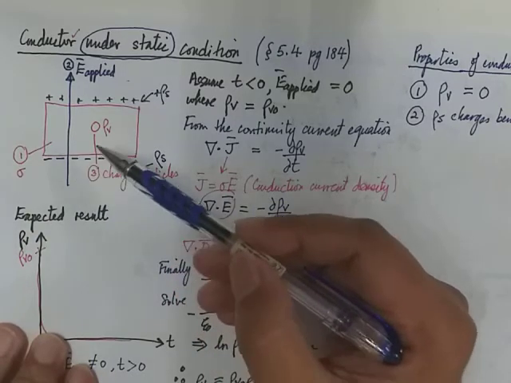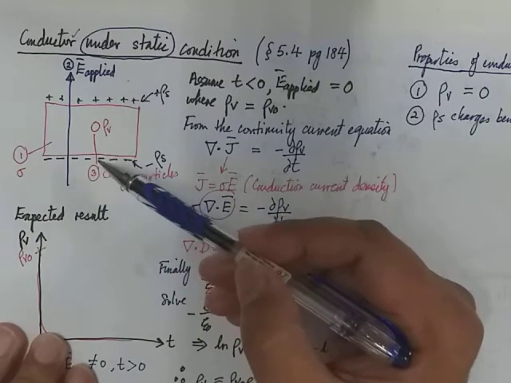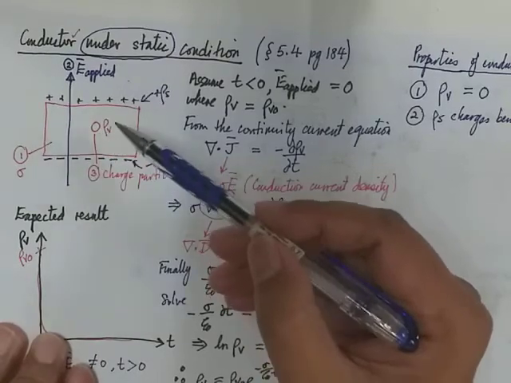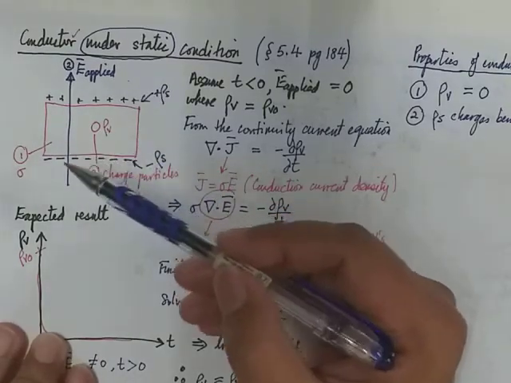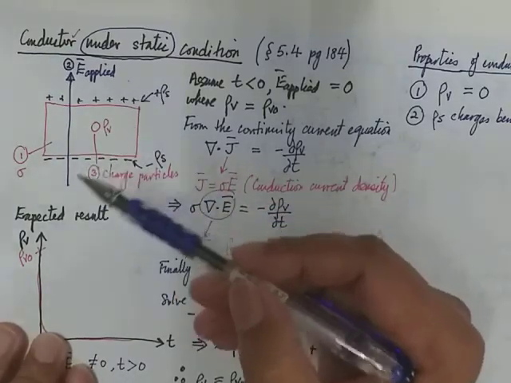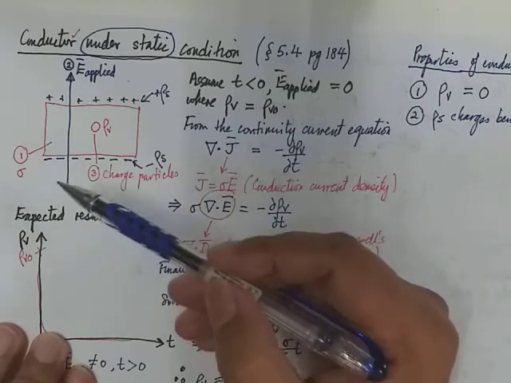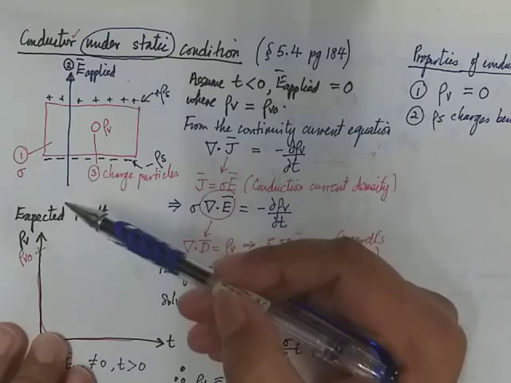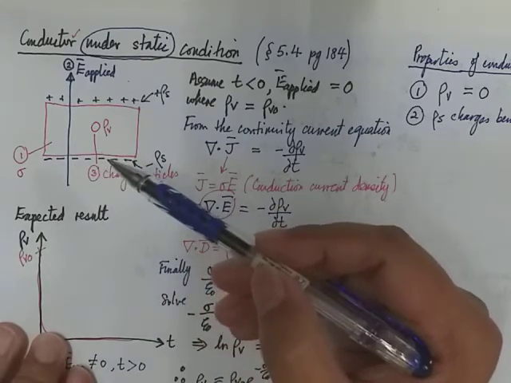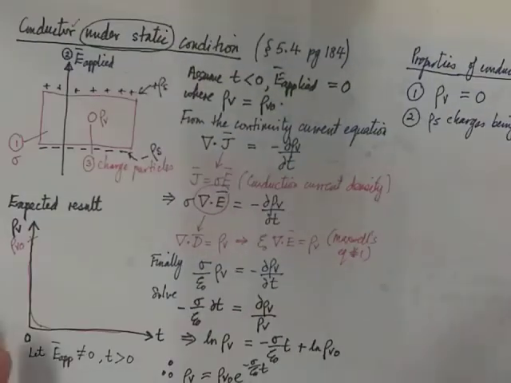The rho v has now been converted into surface charge, yet the polarity, positive and negative, still depends on how the E applied is induced to our conductor medium. That should be the second logical property.